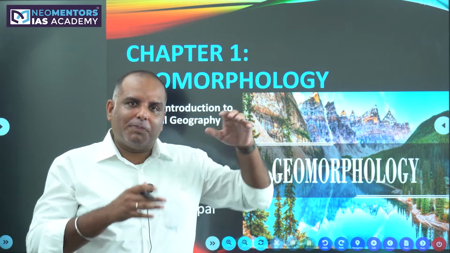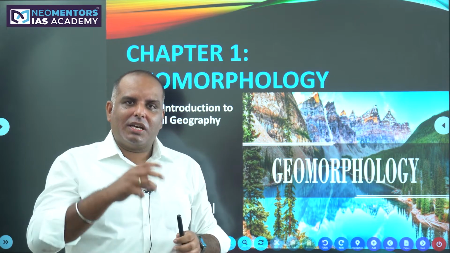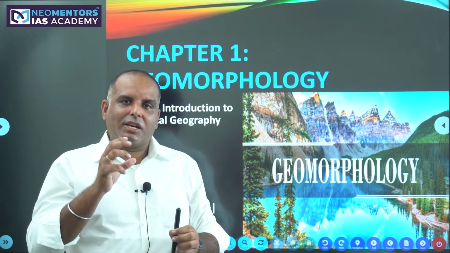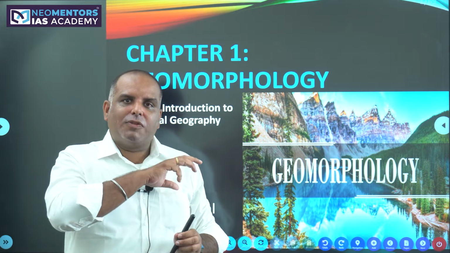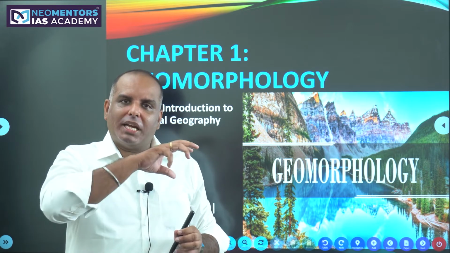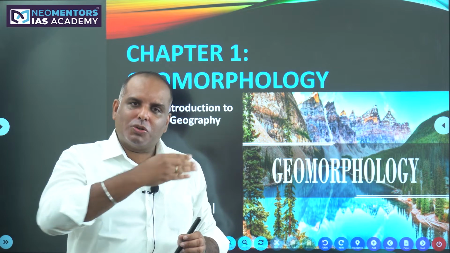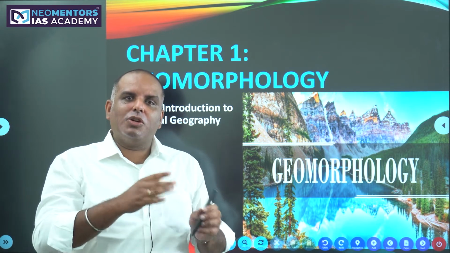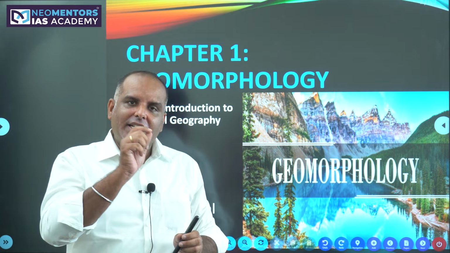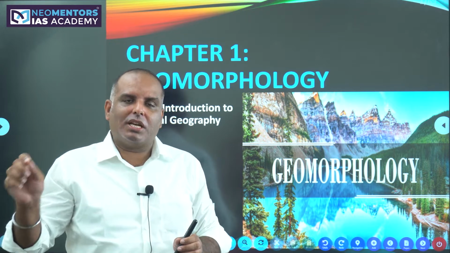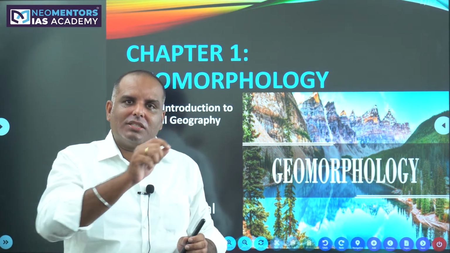If this is a process, that means a river would erode the material. When I say erosion, it removes the top material from a mountain or a high-lying region, flows through the plains where it continues to deposit the material, and the finer material is deposited in the coastal region. That means this is a process.